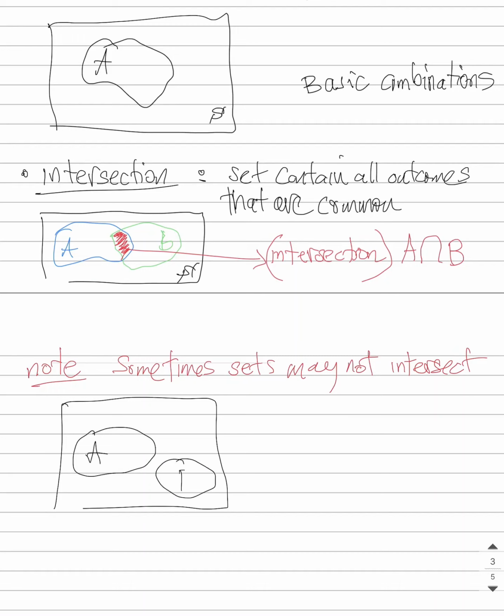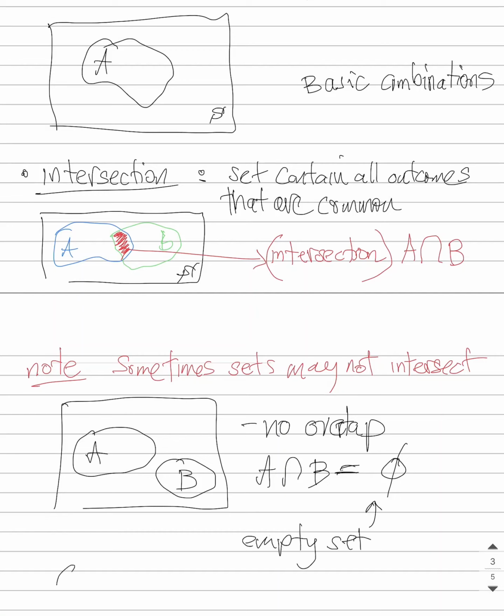There's A and there's B. So there's no overlap. So we are going to give it a new symbol. We're going to say this equals a circle with a slash through it. So I'm going to try to write that a little bit better. This is called the empty set. It's the set with no elements.